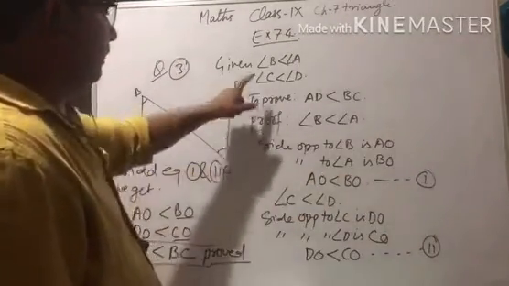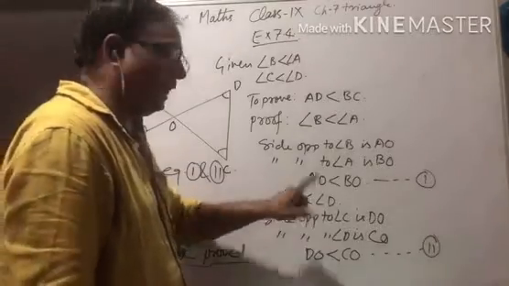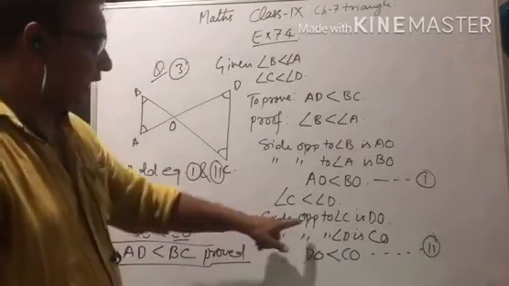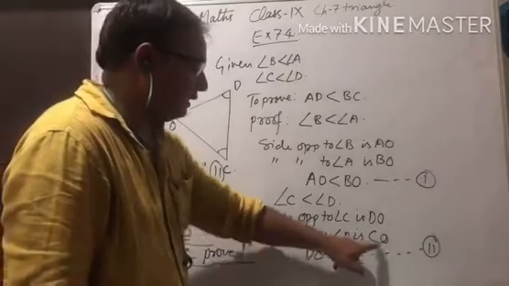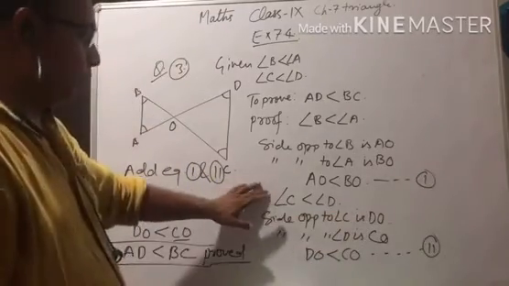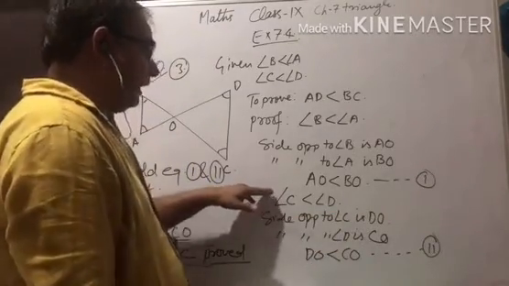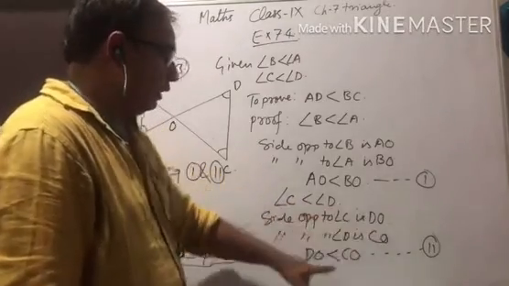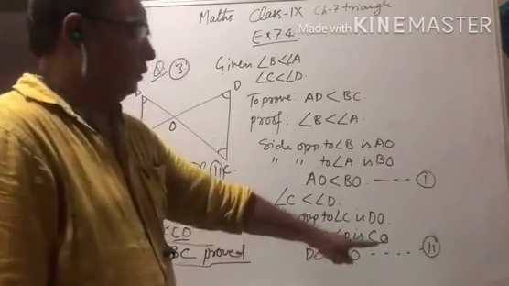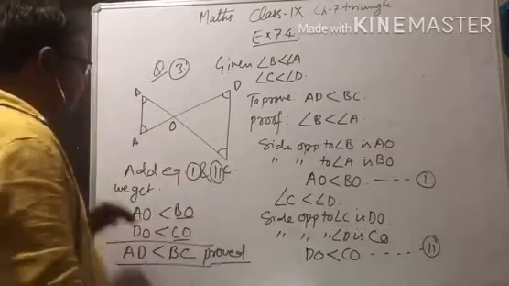Now the second given is angle C is less than angle D. So the side opposite to angle C is DO, and the side opposite to angle D is CO. So DO is less than CO. This is equation number 2.